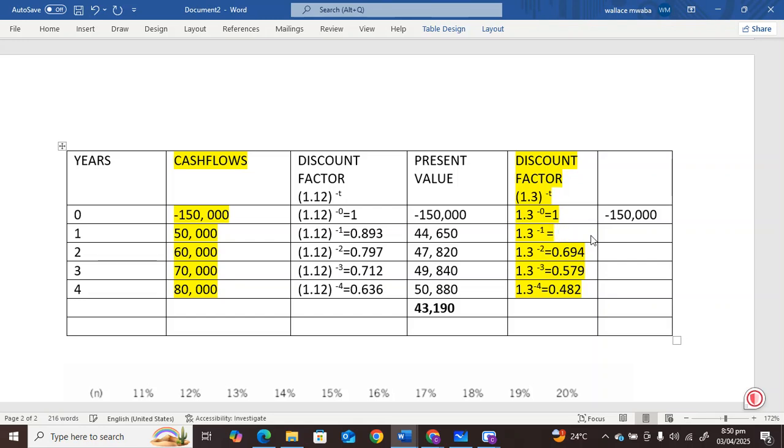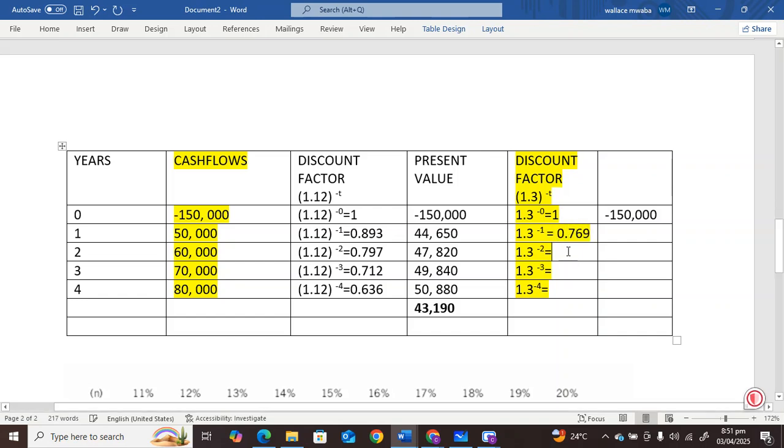So colleagues, let's use our calculators. 1.3 to the power negative 1, what do we get? 0.769.